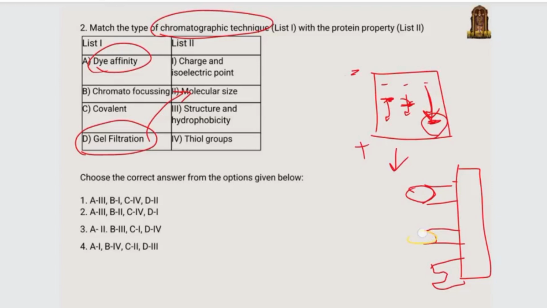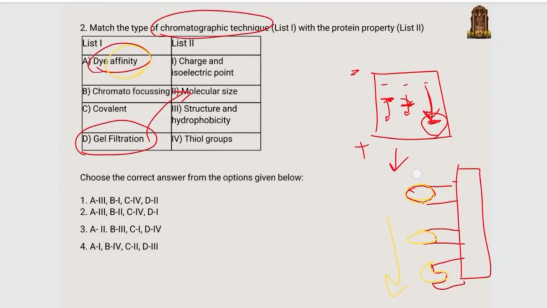The rest will go down, based on the affinity. Thereafter, by changing the nature, like changing the pH or temperature, you can control the structure of your target protein, and thus the affinity.